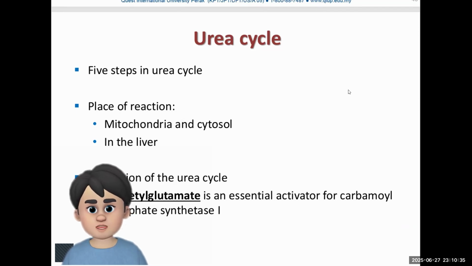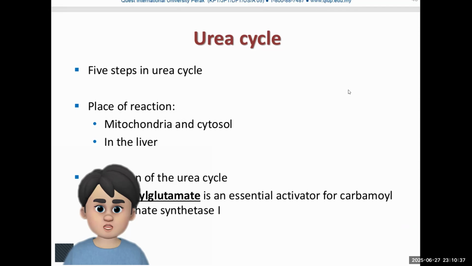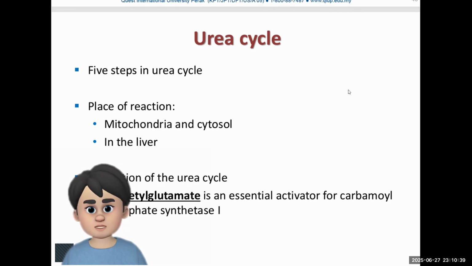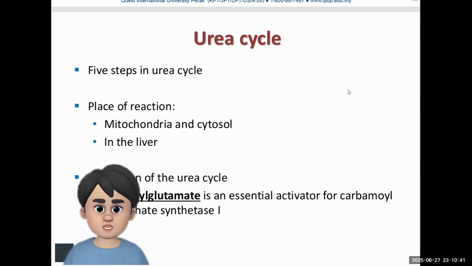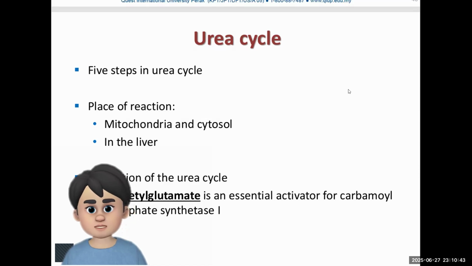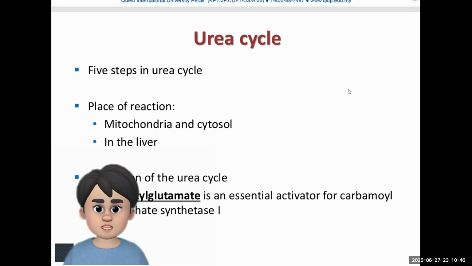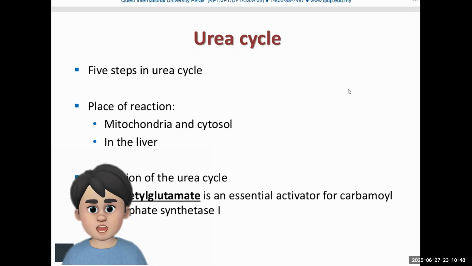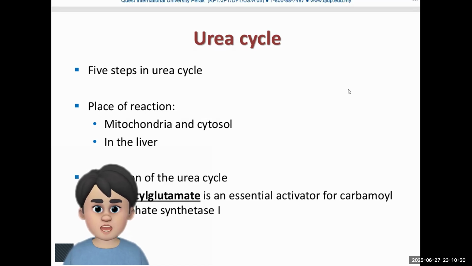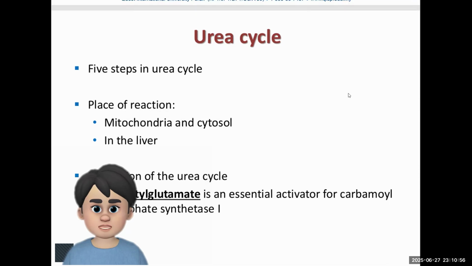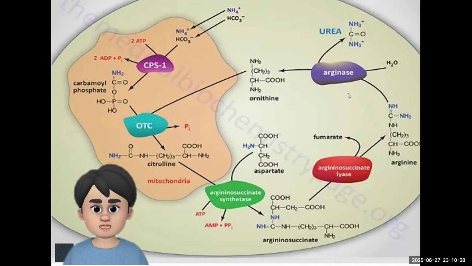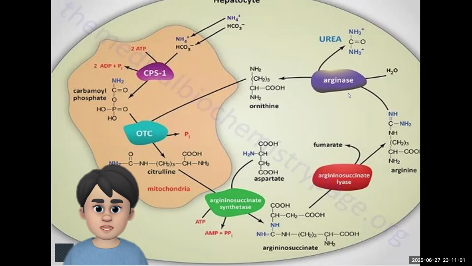Regarding regulation, N-acetyl glutamate is an essential activator for carbamoyl phosphate synthetase 1. In a standard biochemistry textbook, you will get more information.